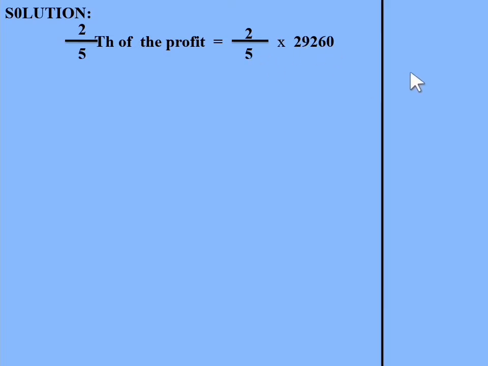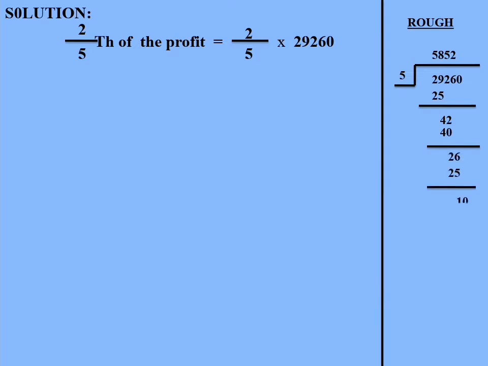Let's divide here. 29,260 divided by 5. So when 29,260 is divided by 5, we get 5,852.